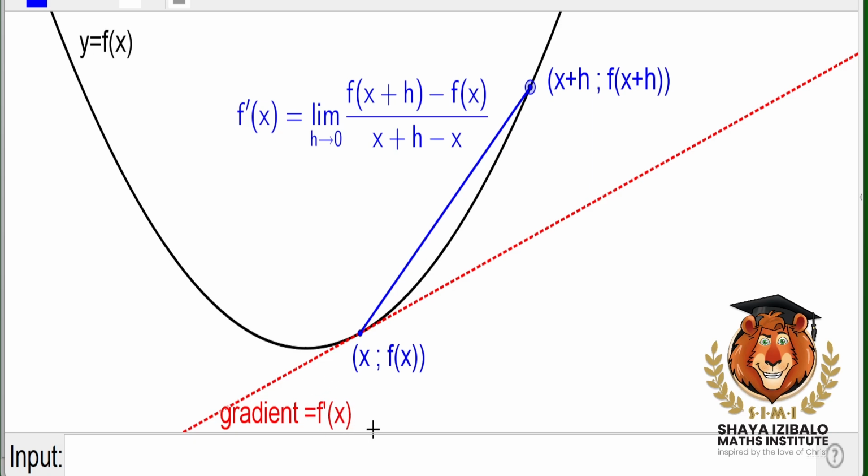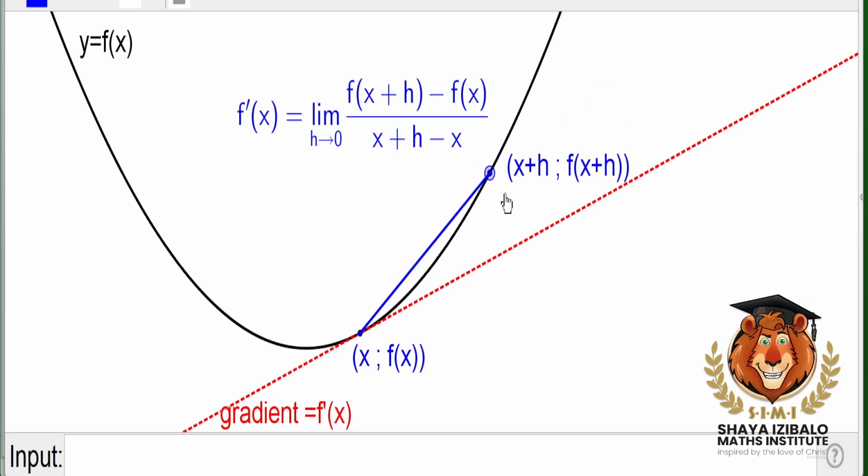The gradient of the blue line, the average gradient of the curve between these 2 points, is just our normal gradient formula: the change in y value over the change in x value. But obviously, we want h to be small. And we can see that as h gets smaller, the blue line approximates the red line in terms of the gradients more and more accurately.